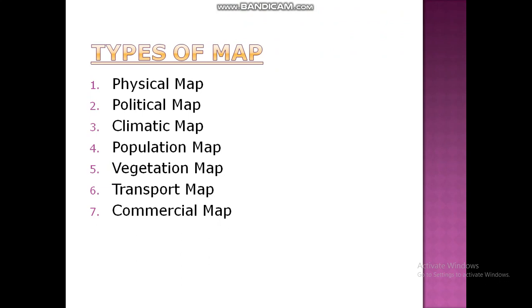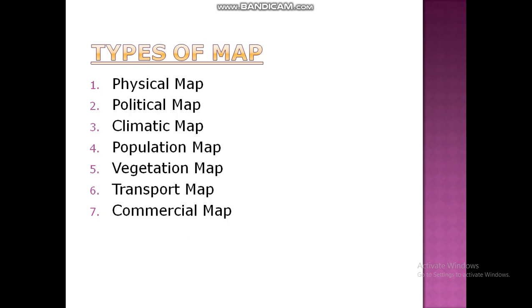Fourth one, population map. A population map shows the densely populated and thinly populated areas. Fifth one, vegetation map. A vegetation map shows the different types of vegetation found in different areas.